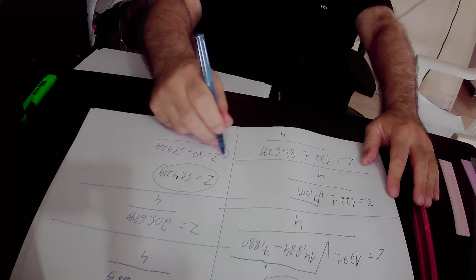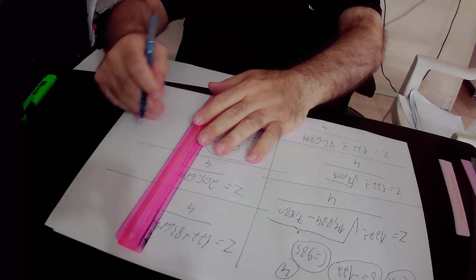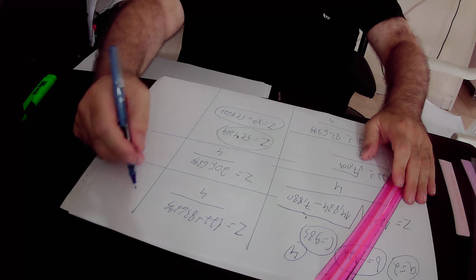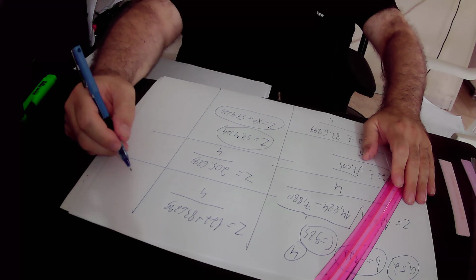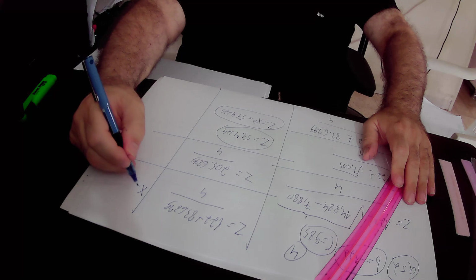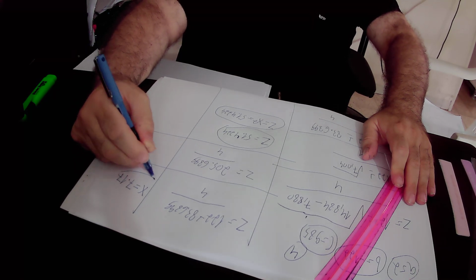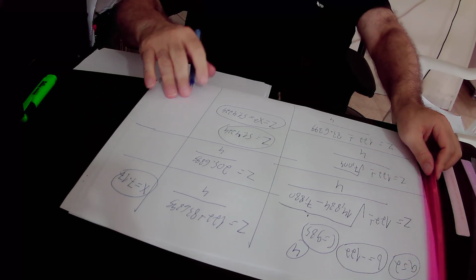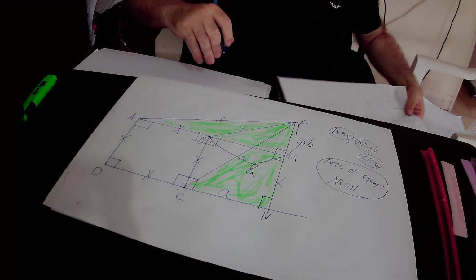So here we take a root of this equation and we get that the square root of 51.4224 will be equal to x, that is equal to 7.17 units. So we found that x equals 7.17 units.